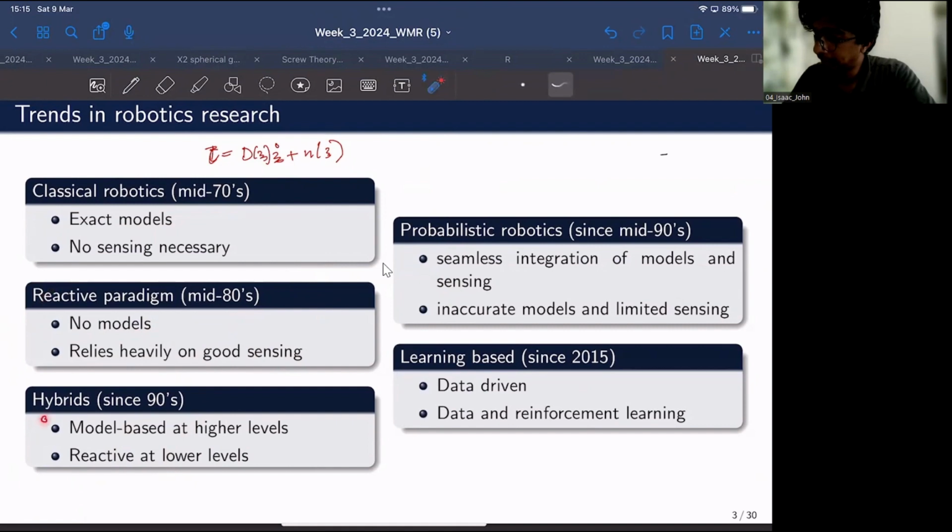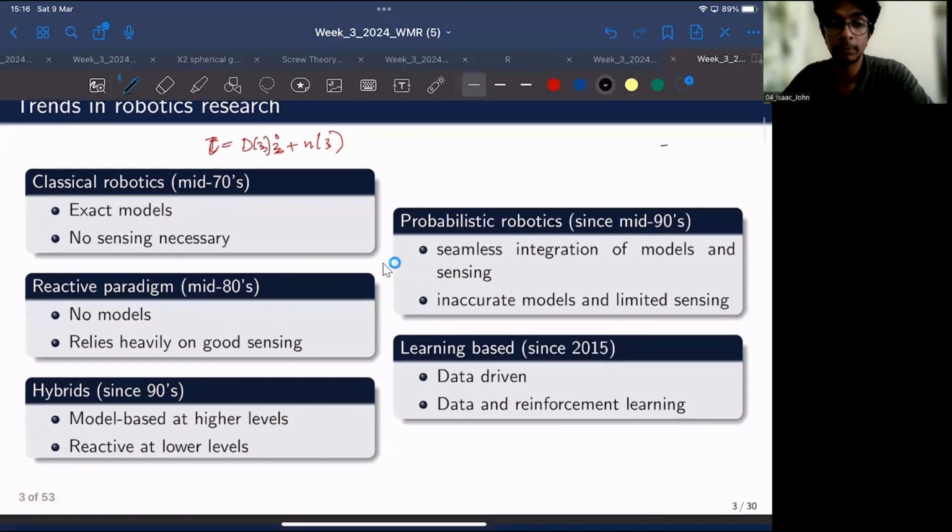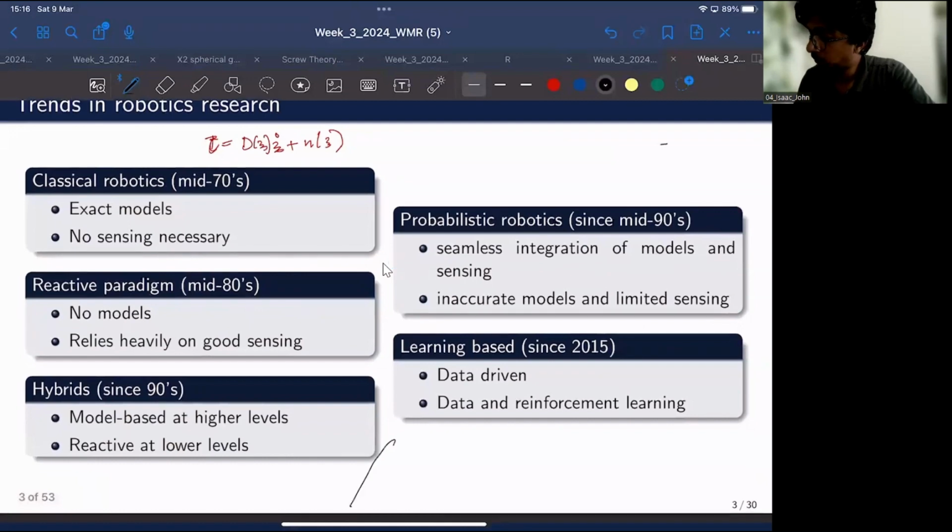And then during the later 90s, there was a mix of model-based control as well as reactive control, like model-based at the higher levels and reactive at the lower levels. For example, higher level means at the manipulator level, which is more relevant in robotic manipulators.